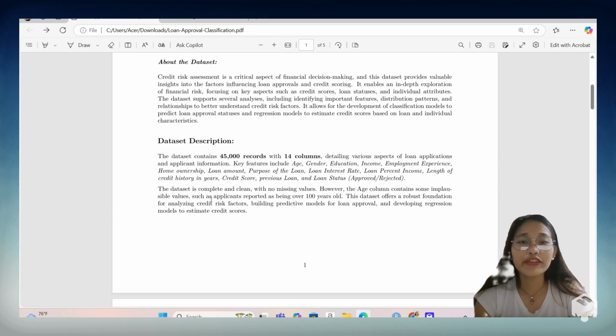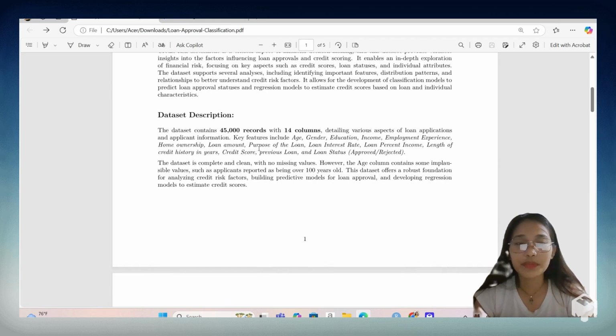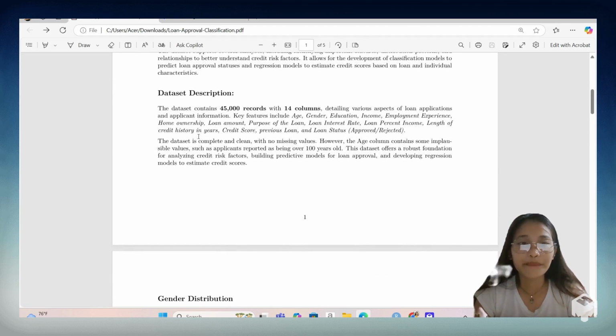Key features include age, gender, education, income, employment experience, home ownership, loan amount, purpose of the loan, interest rate, loan percent income, length of credit history in years, credit score, and previous loan status, with its approved or rejected category. The dataset is complete and clean with no missing values.